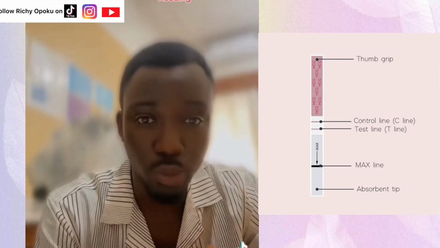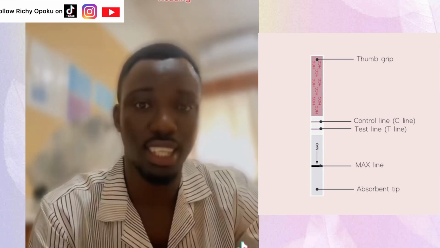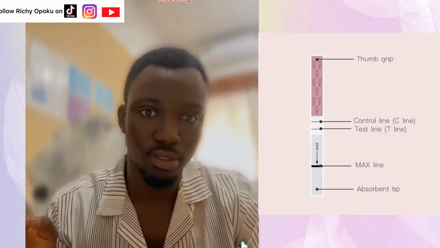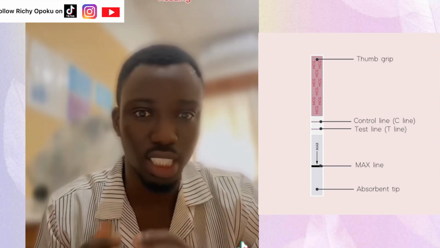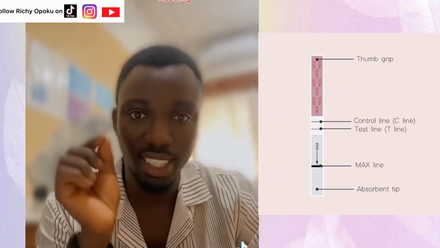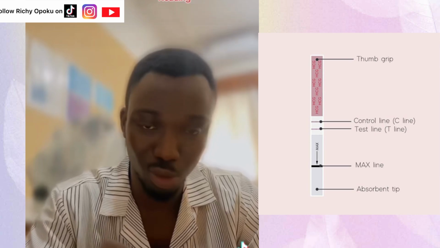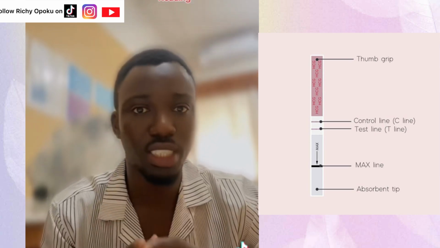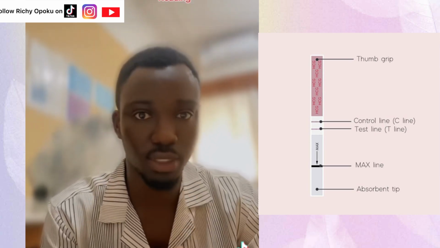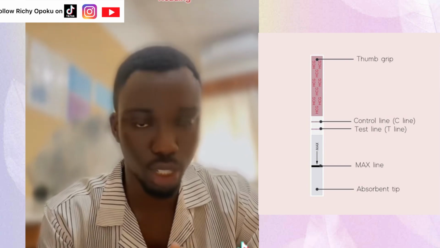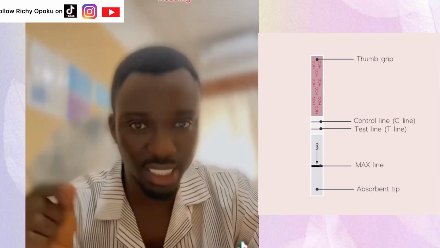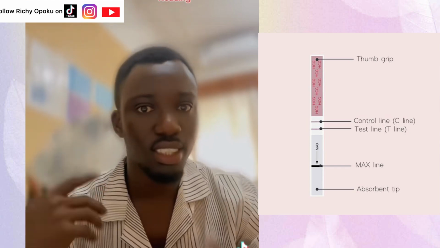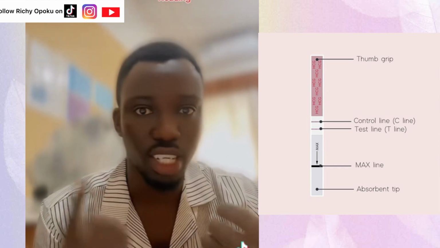So whenever you do a pregnancy test, the C line should mark. You should see a C line there, which indicates that your test was successful and that your kit is active and working. Now the T line is what tells whether you are pregnant or not.